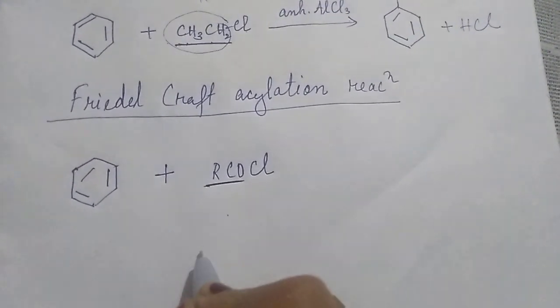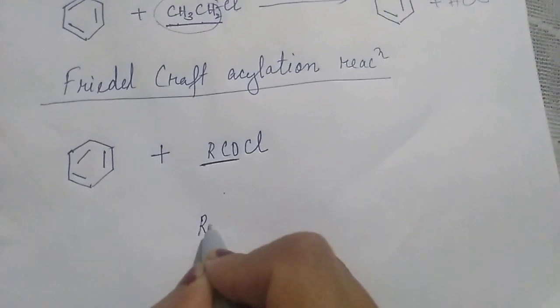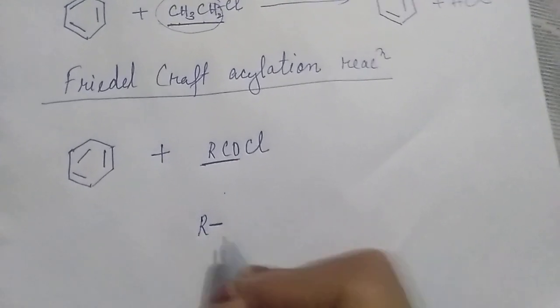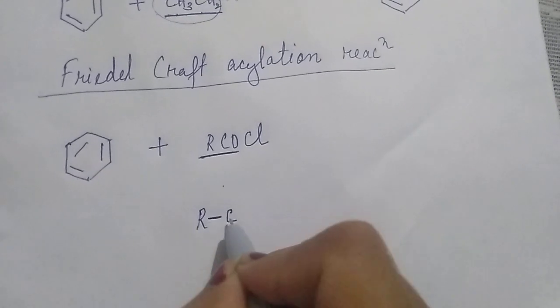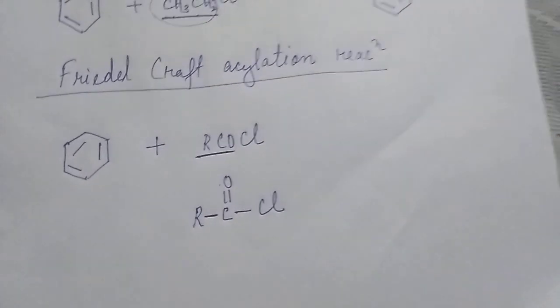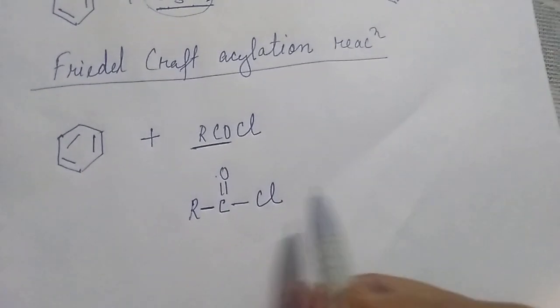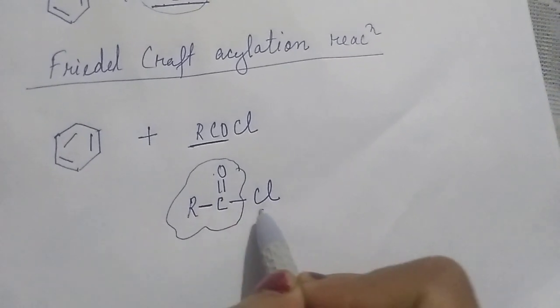What the connection is, what the bonding is, is very important. So R–C double bond O, Cl. Likewise, we have separated the R and Cl part. In this way, we are going to separate the acyl part and the chloride part.